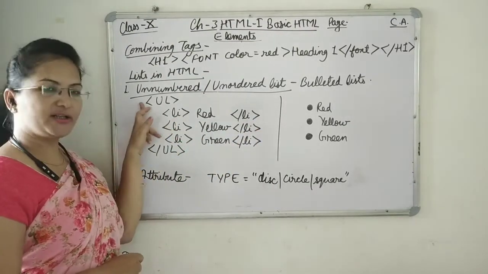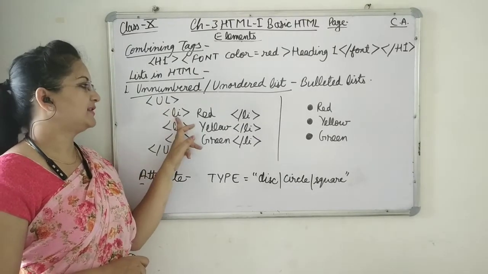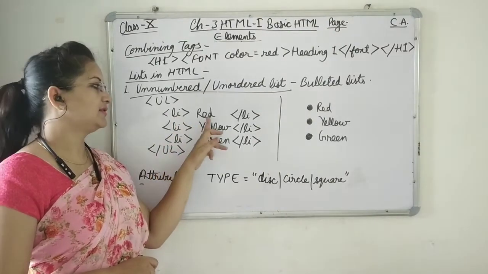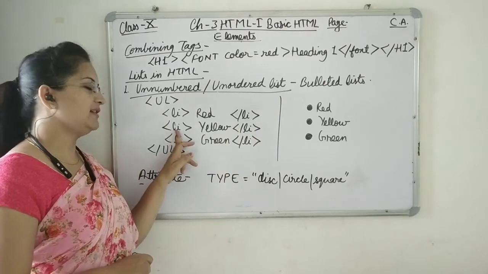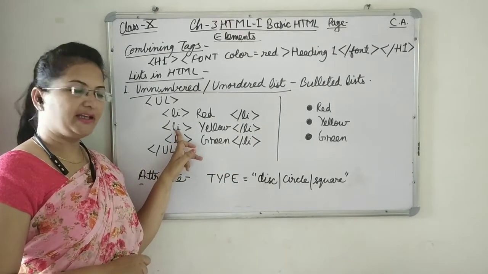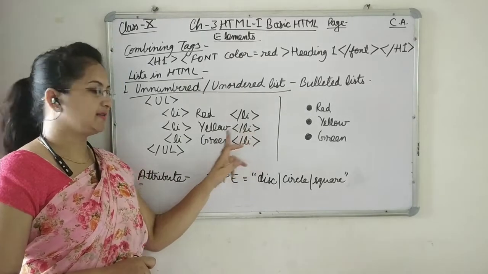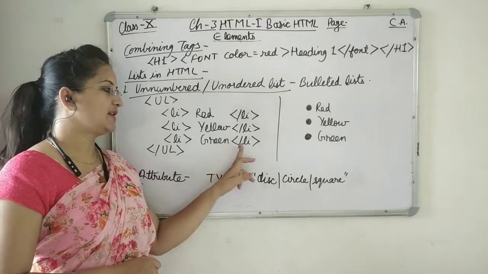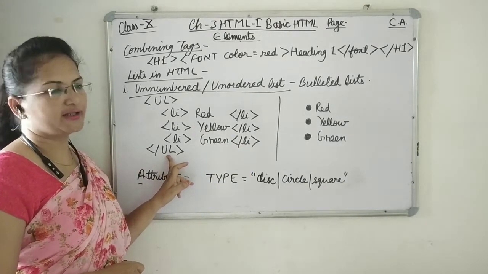You have to start the unordered list first, means write the UL tag, then for the first list item, start the LI tag, type the list item, close the LI tag. Then again the second LI, second list item, close the LI tag. Then the third LI tag, third list item, close the third LI tag, and close the unordered list.